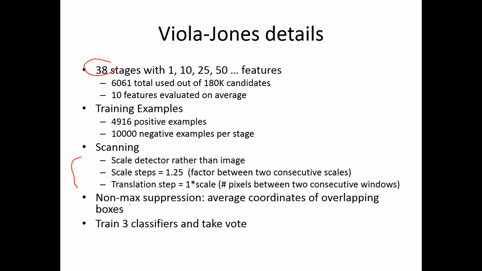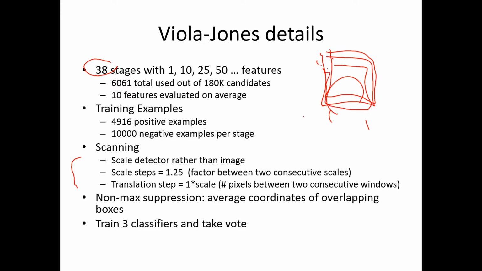And also they include non-maximum suppression. Basically, if you have a face here, maybe several boxes appear to be a face, right? Then you want to summarize them into one box. This is called non-maximum suppression. Typically, it just averages out the overlap.